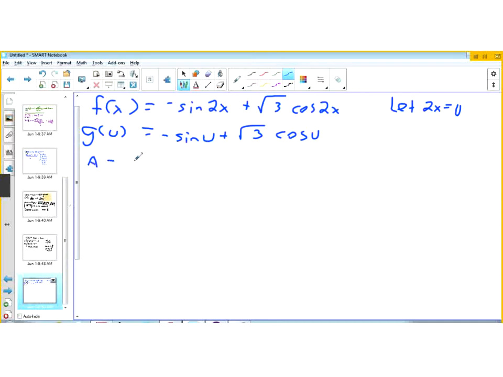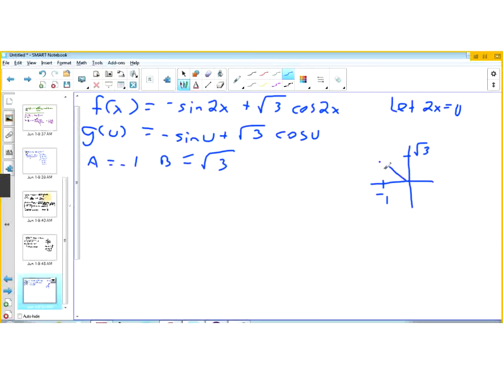So in this case, for g, our a equals -1, our b is equal to the square root of 3. Okay, and so what would be the phase angle? So a is -1, and b is equal to the square root of 3.